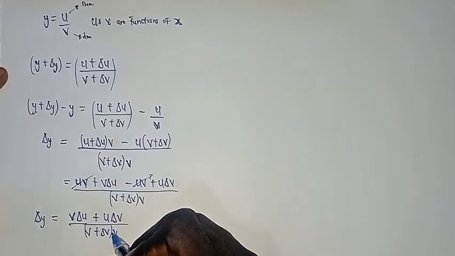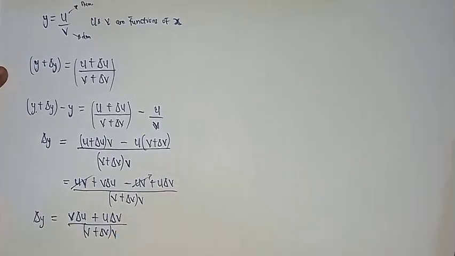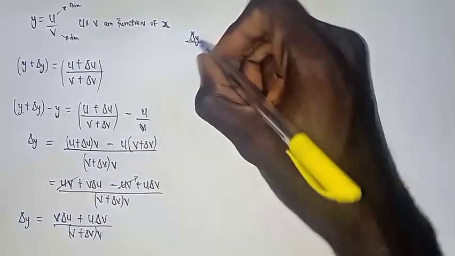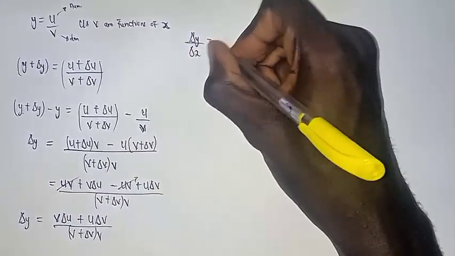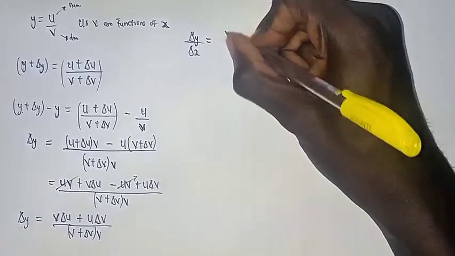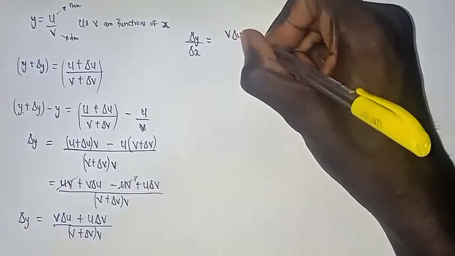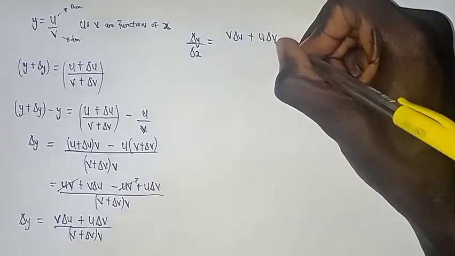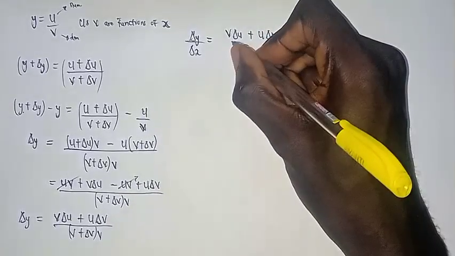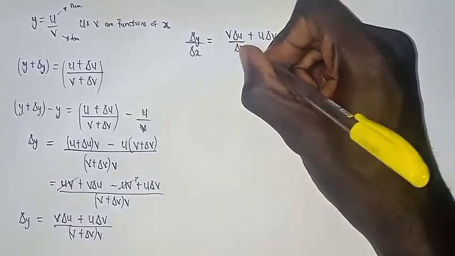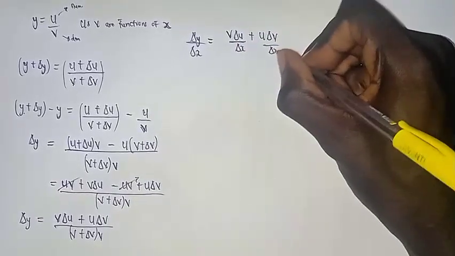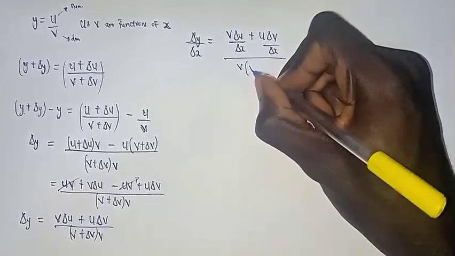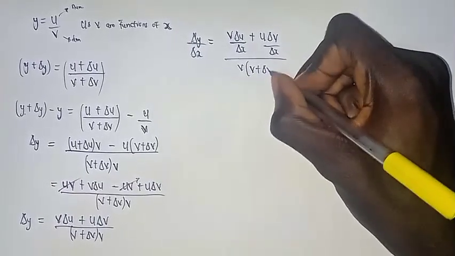Now if we divide both sides of our equation by delta x, we'll have that delta y over delta x is equal to v delta u minus u delta v. This will be over delta x over v plus delta v.